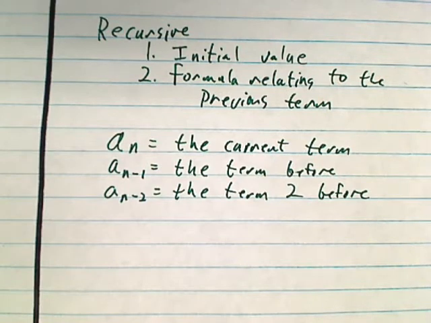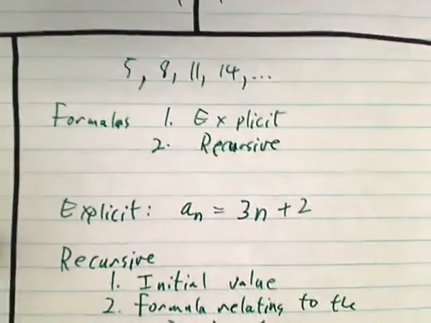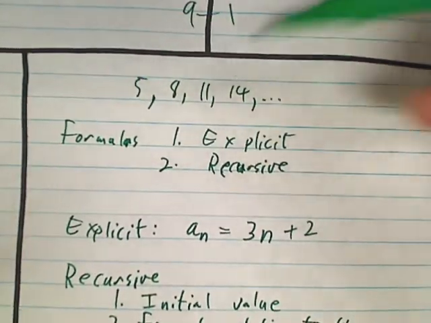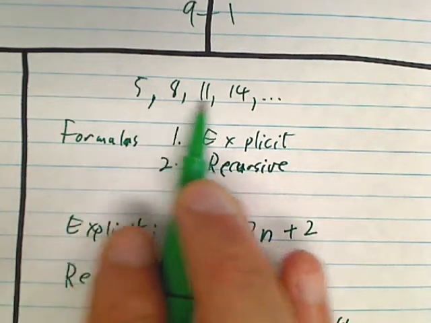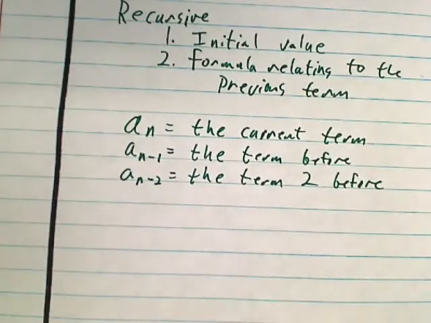So let's look at that same pattern, okay? What I want to do is say what's happening here in terms of the term before it. Well, every term is 3 more than the term before it. So let me write that first. Let me change my colors. I haven't changed colors yet.